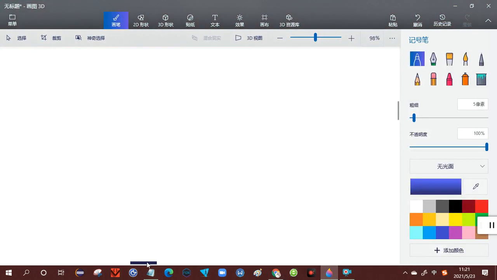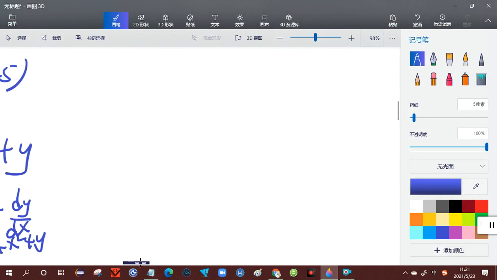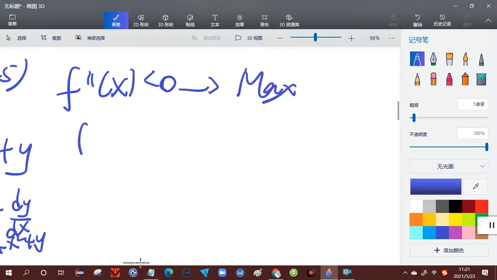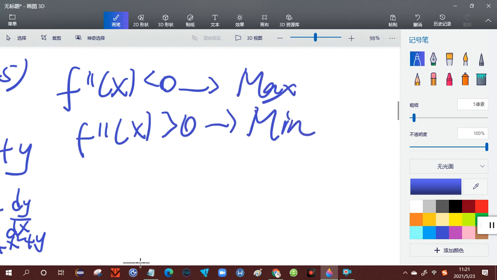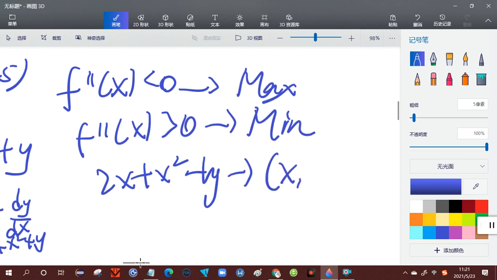To do that, we need to acknowledge the fact that max and min depend on the second derivative. So we remember that the expression is 2x plus y, then we plug in x = -1, y = -1.